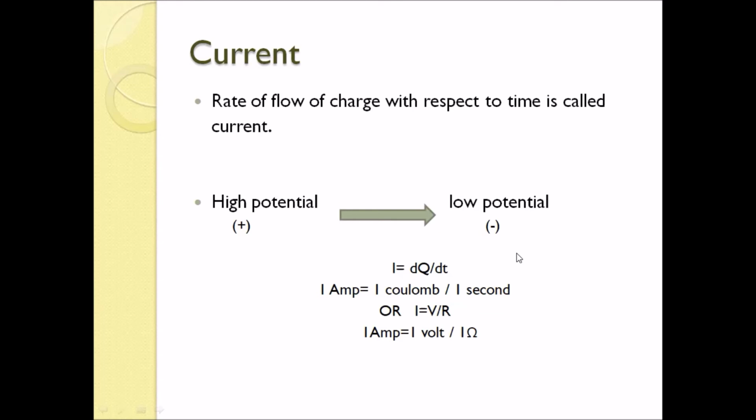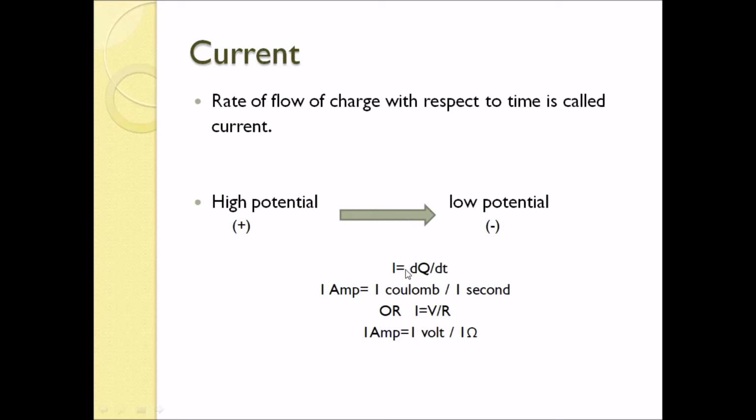So if we want to represent this flow of charges mathematically, we can represent it by dq by dt, where dq by dt is the rate of flow of charges with respect to time. So here I can be represented as dq by dt.